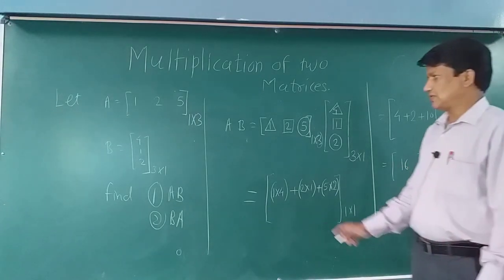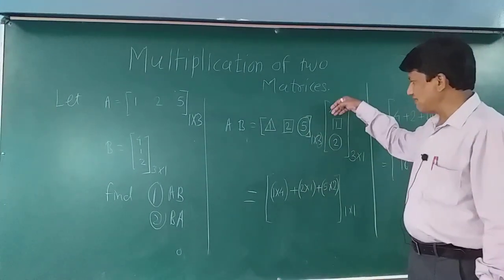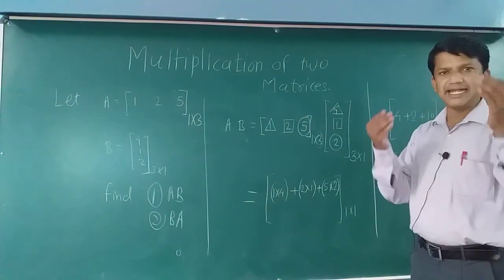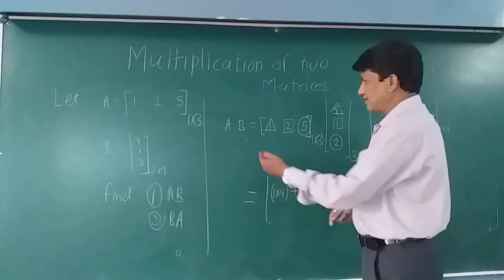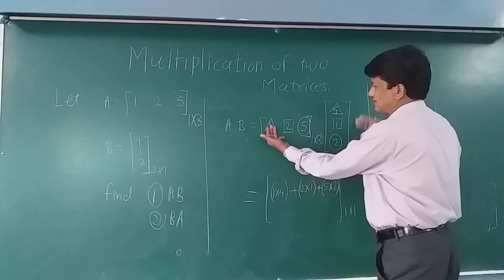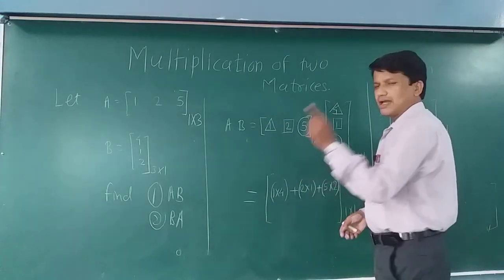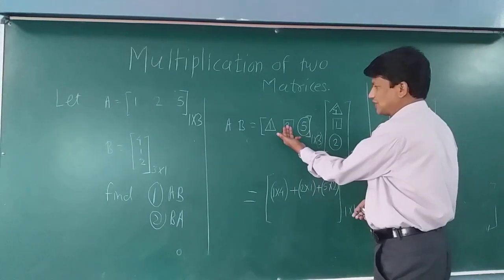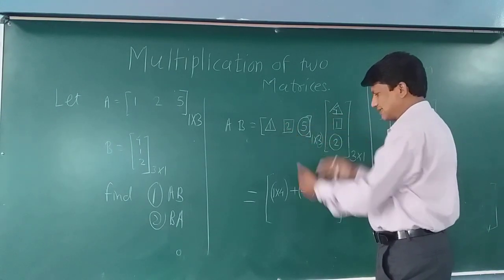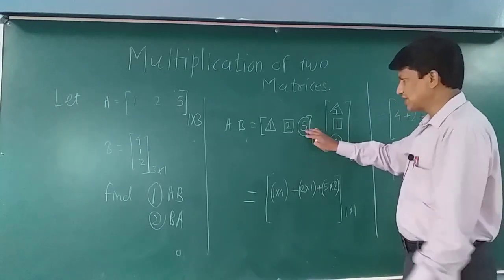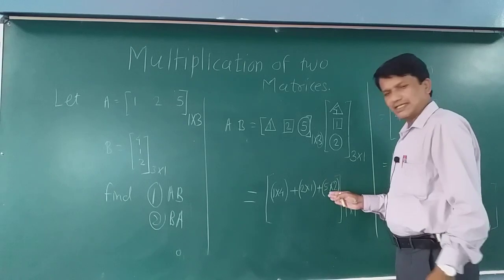Okay, so while multiplying, what will we do? Go row wise, come down column wise, and add the corresponding elements. Corresponding elements mean: make the product of the first position in the row with the first position in the column, plus the second position with the second position, plus the third position 5 with the third position 2.